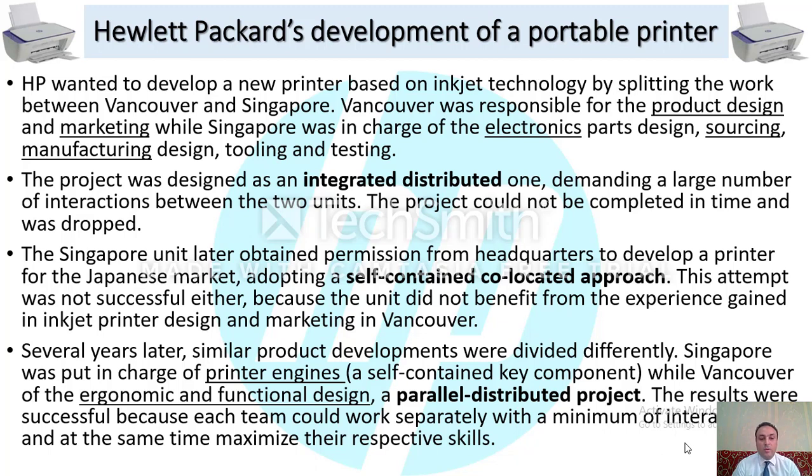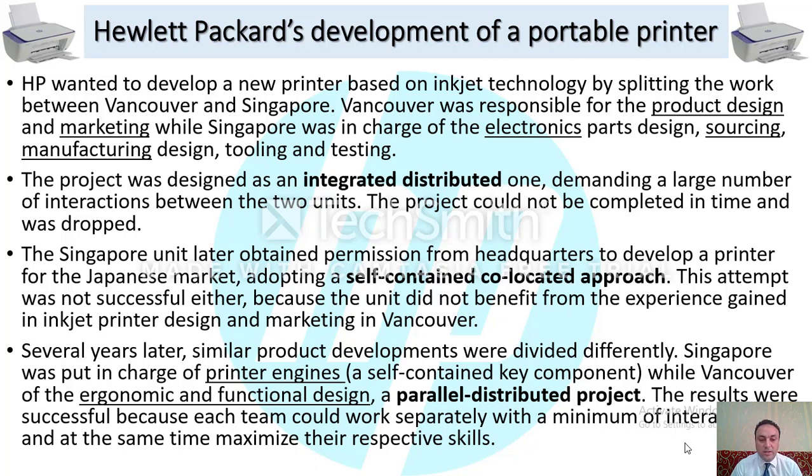Again, the Singapore unit later obtained permission from the headquarters to develop a printer for the Japanese market, adopting another approach, which is the self-contained co-located approach. This attempt was also not successful because the unit didn't benefit from the experience gained in inkjet printer design and marketing in Vancouver.